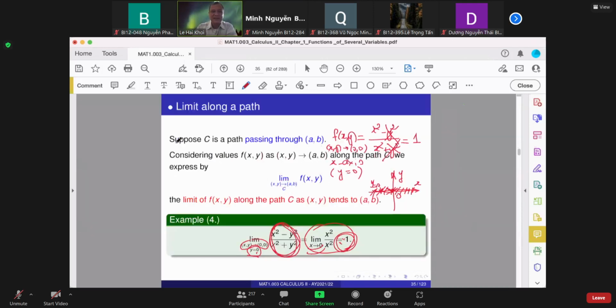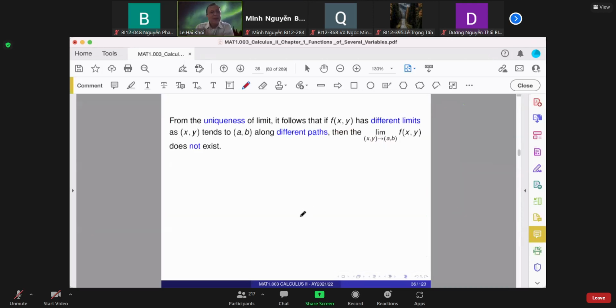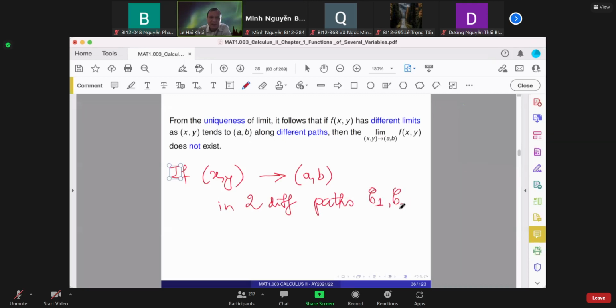So because of that, we can think, if we let (x, y) tend to (a, b) along two different paths, say C1 and C2, which means you consider the limit along (x, y) tending to (a, b), (x, y) belonging to C1, and it is L1.